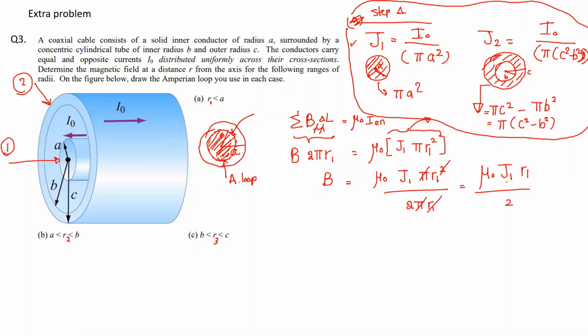So J1 is something that I introduced, right? The problem didn't have J1 in it, right? So we need to substitute for J1. J1 is given by this. It's something that we introduced. mu naught I naught R1 over pi A squared. So what I did was I just substituted for J1. I just plugged this part here.